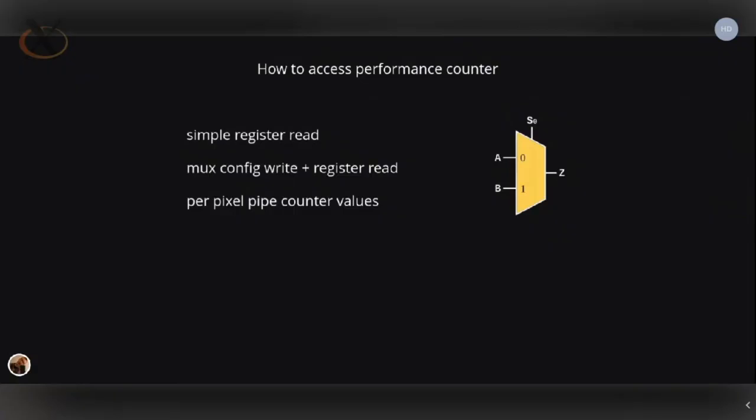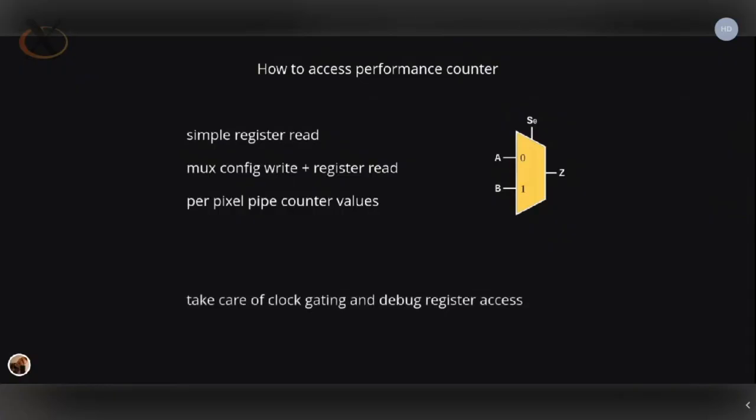And there's another special thing where you have multiple pixel pipes, you need to iterate over the pixel pipes and do the mux config read-write thing to get the per pixel pipe specific value.